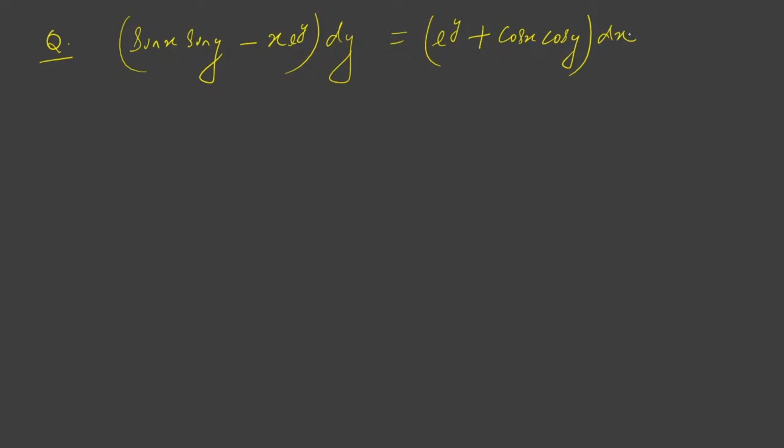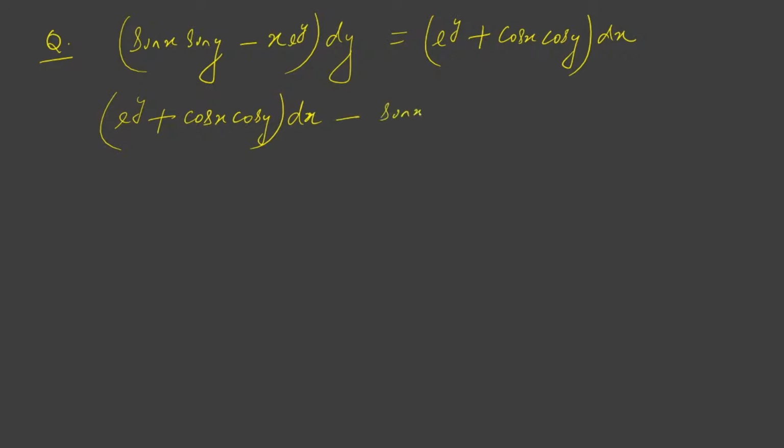If we bring everything to one side, so e^y + cos x cos y dx. I request all of you to have your resolution at the highest level so that the screen will be very clearly visible to all of you. I hope it is very finely audible and visible to all of you, and you can have a chat with me.